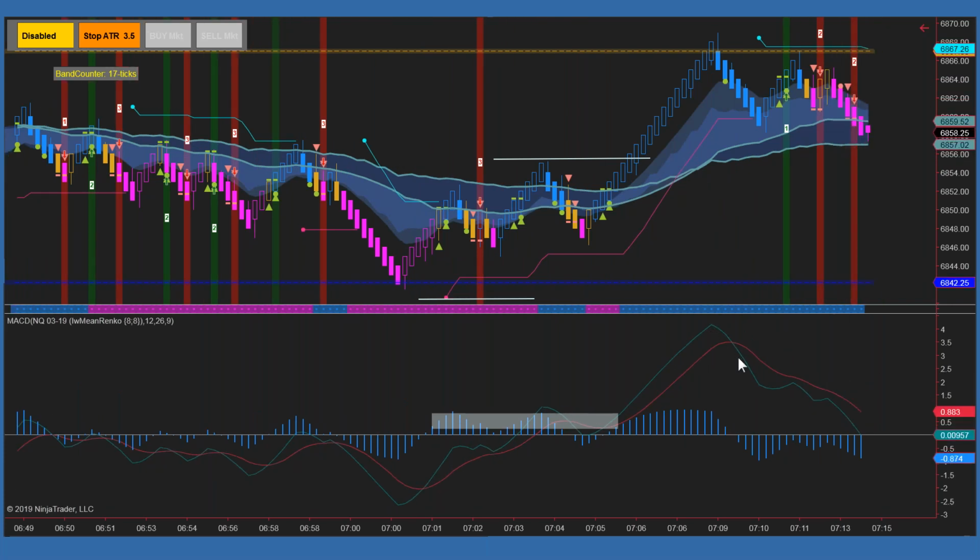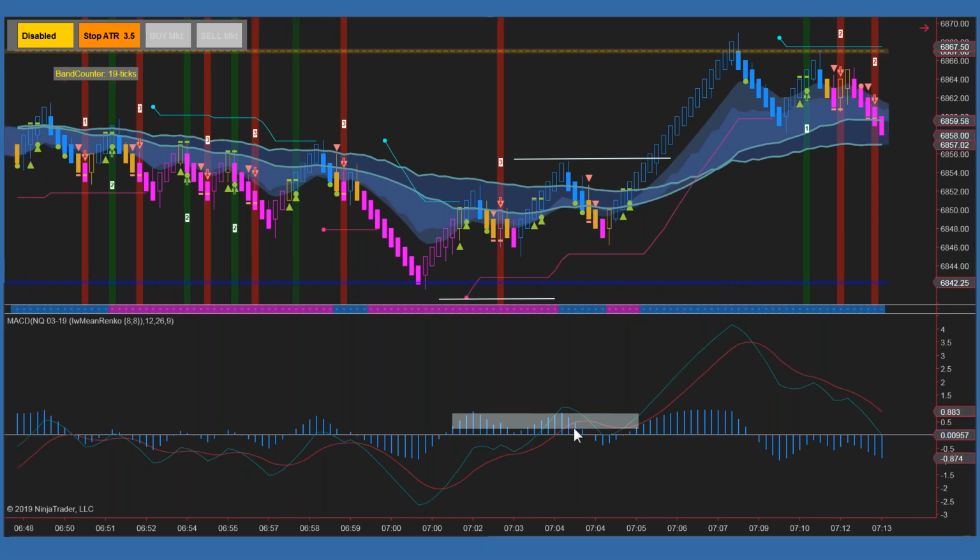All right, class, would I be more bullish or bearish at this point relative to my MACD? See if you guys have been paying attention or just humoring me.